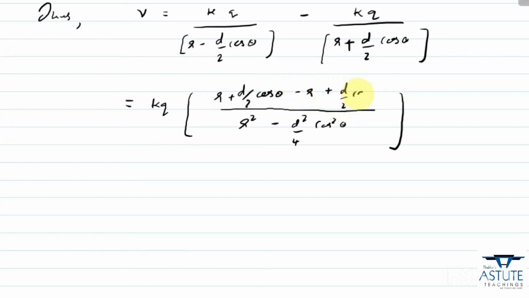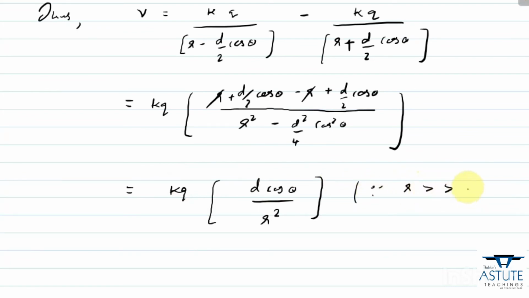So the plus r and minus r get cancelled out, and we will be left with 2 times d by 2 cos theta, that will be d cos theta, divided by r square, if the value of r is much greater than d, then only you can take this, right?